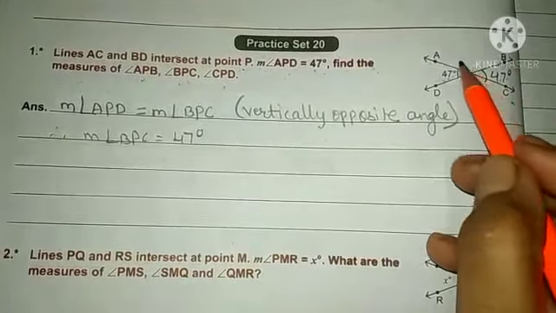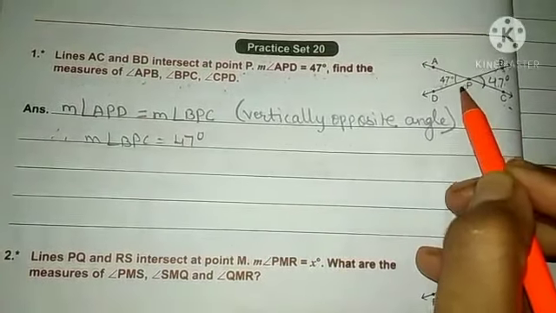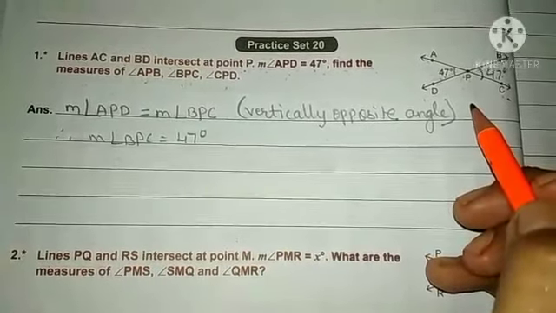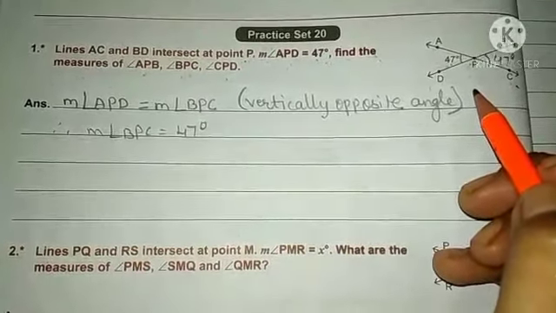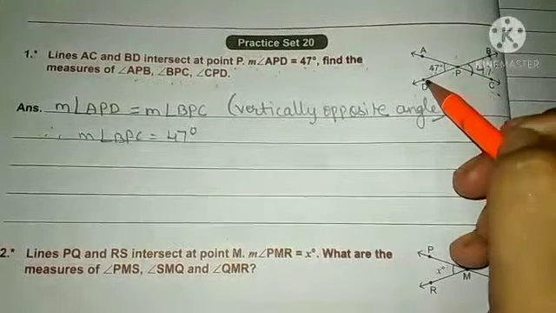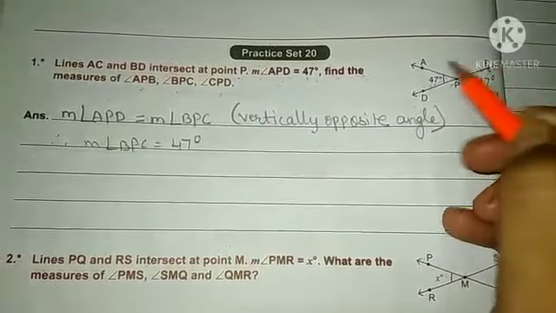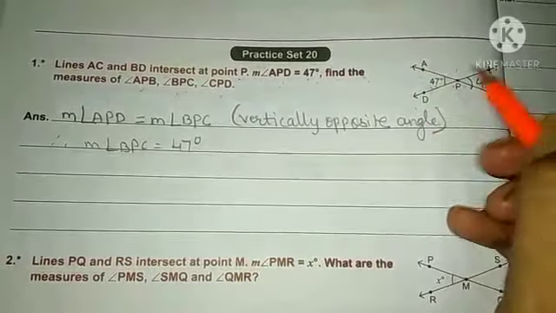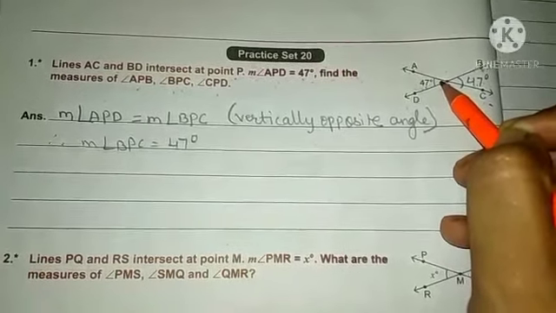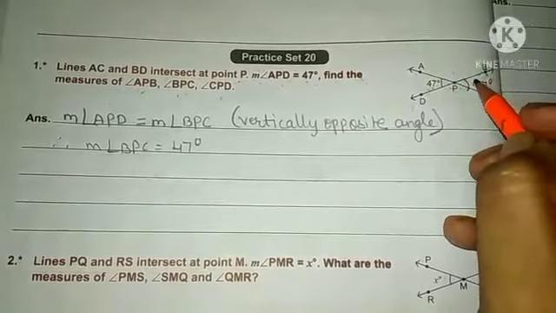So we had to find out the measure of angle BPC. Now we have to find out the measure of angle APB and we have to find out the measure of angle CPD. So see how you will going to find out this. Now here what you will take, how you will find out the measure of these two angles. Now here as you can see that DPB and A, if you will take only this part, what you will see here, you will get angles in a linear pair.